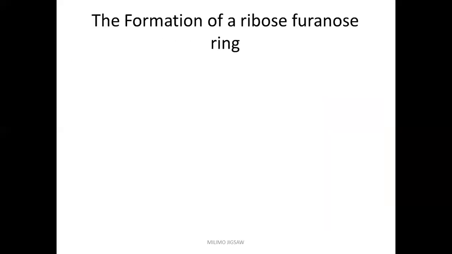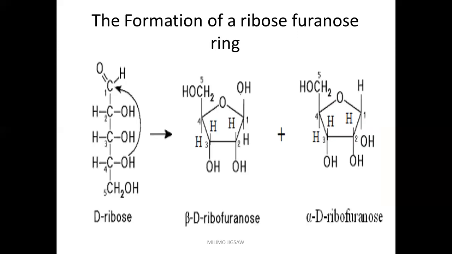So the formation of the ribose furanose ring. Remember we said that the pentose sugars are rarely found in straight chain forms. They are usually found in ring form in biological systems.